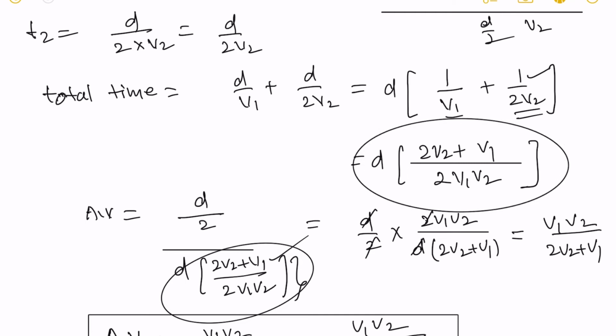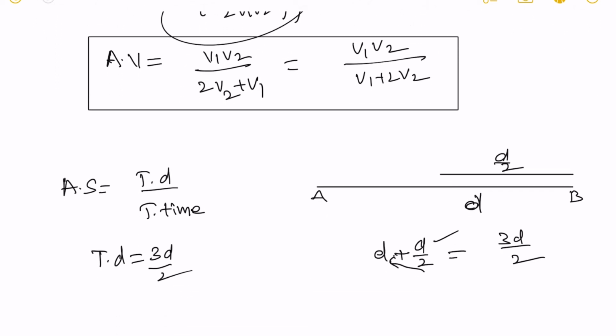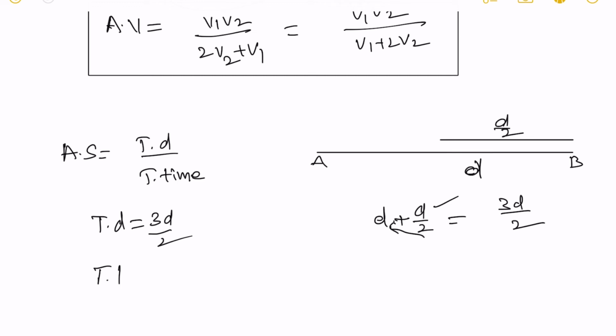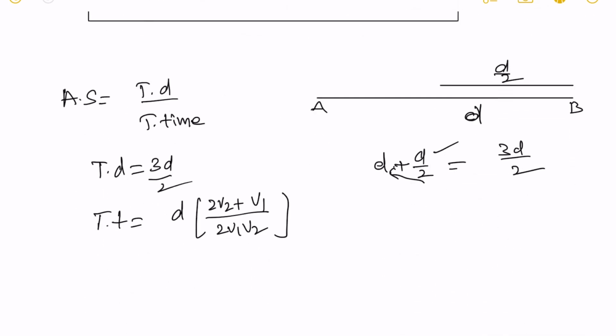So the total time is d into 2v2 plus v1 by 2v1v2. Okay.